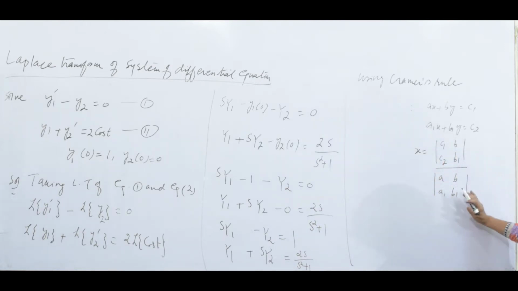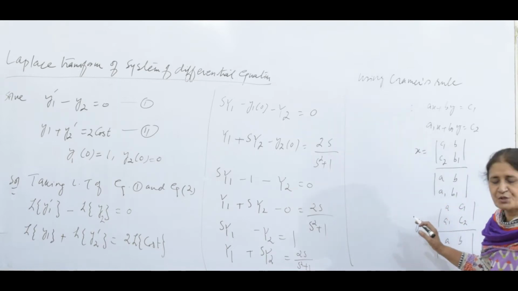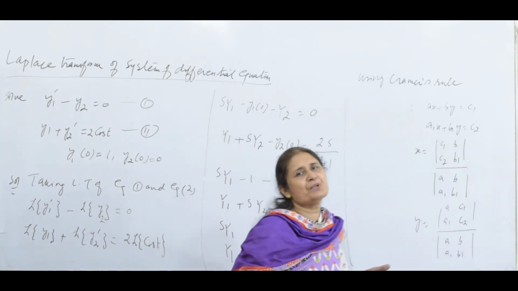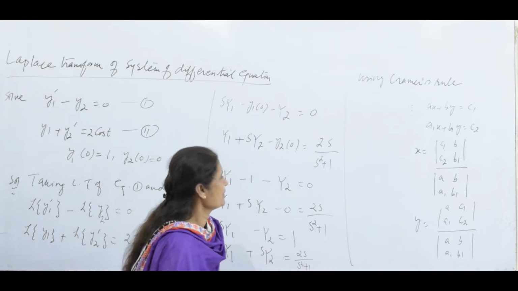Expand and solve them, divide, and you get x. Similarly for y, the coefficient of y is replaced by the right hand side, c1, c2. Solve the 2 by 2 determinants in the numerator and denominator and you get x and y. So this is Cramer's rule.